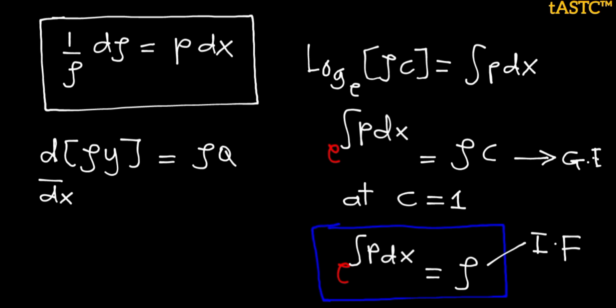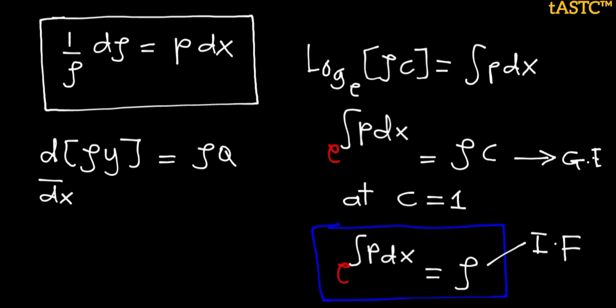So in this case, we need to find out what rho is, and this will be the way to find out what rho is. You need to find out p, that function which is in terms of x, and find the exponential raised to the power of the integral of that function with respect to x.